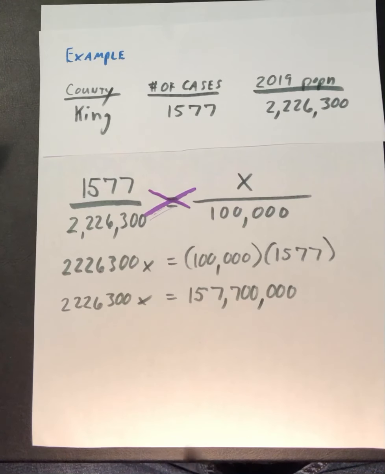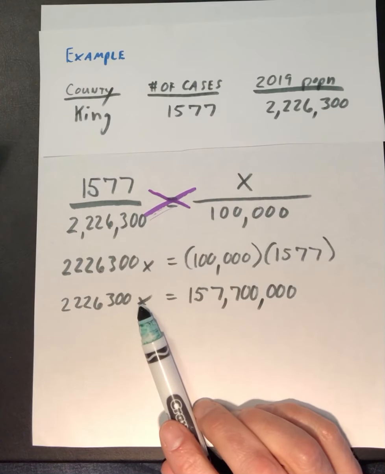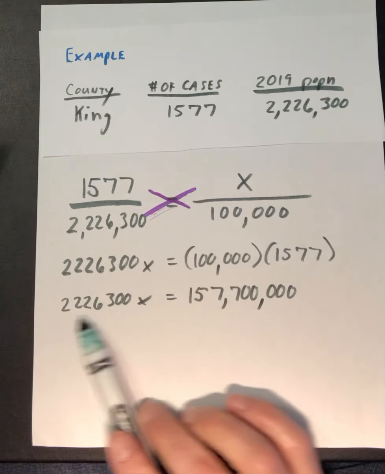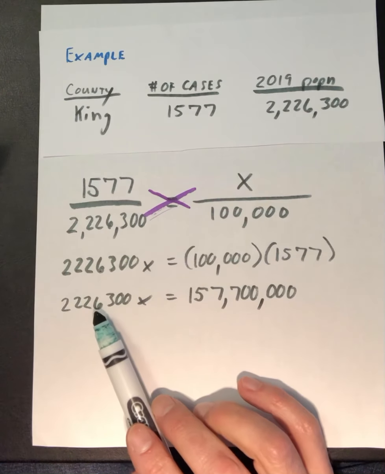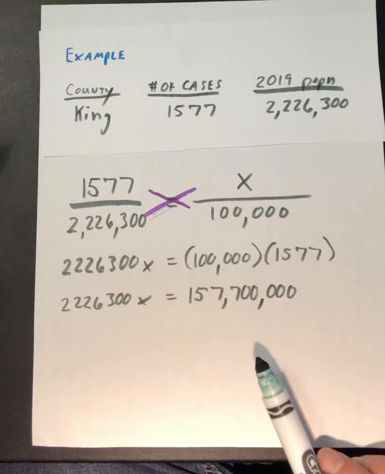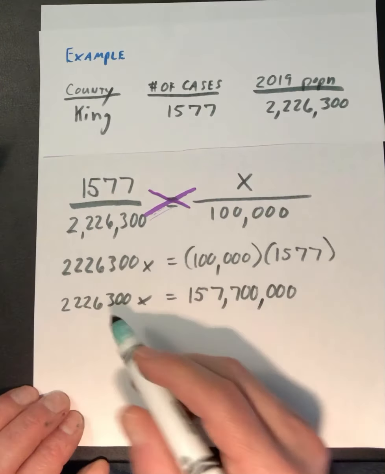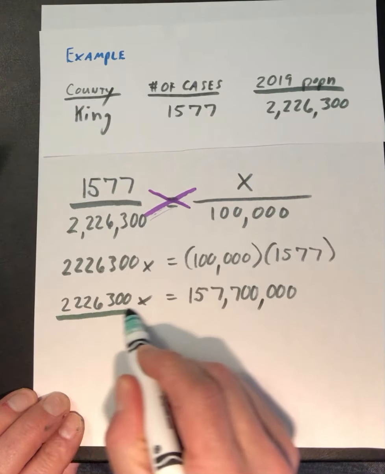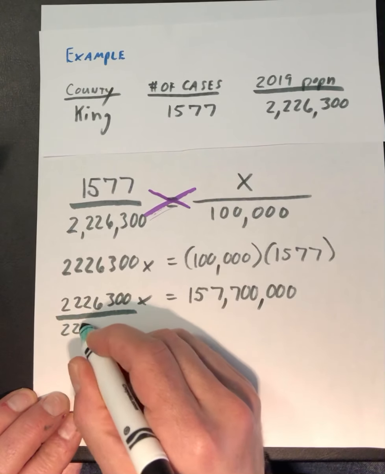Now, I must get X alone. The only way to get X alone is I have to get this number away, and to do that, I have to bring it over here via division. I think in your math class, you probably do something like this.